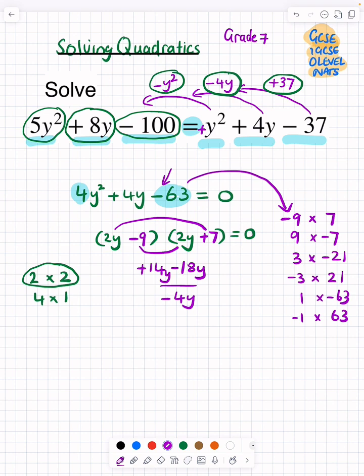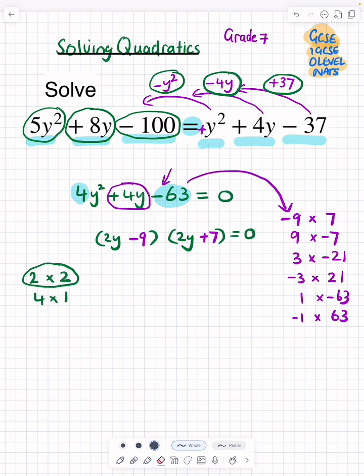So that means we need to think again about this selection, because we are looking for the positive 4y in the middle. So what we can do is get rid of all this and try a different number, or try changing the signs of these. Okay, so let's say if this was a positive 9 and this is a minus 7, let's see what we get now.